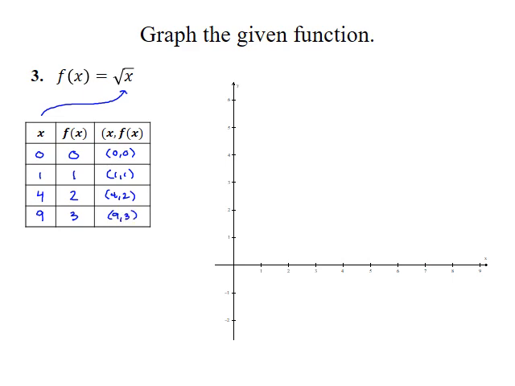So let's plot those. 0, 0 is the origin, then 1, 1, and then way out here at 4, 2, you'll notice the graph starts flattening really quick, and then way out here at 9, 3. If I play connect the dots, it's kind of like a graph that starts to increase really quick, and then it increases very, very slowly as you go to the right. So if that's a graph you haven't seen before, we're going to see it a little bit more in the next video, but that is the basic sketch of a square root of x graph.